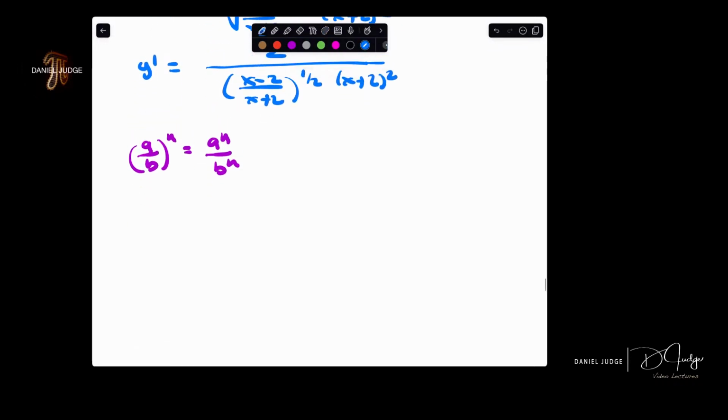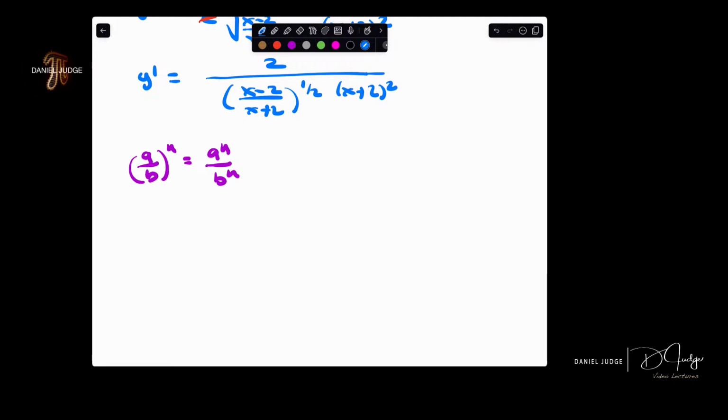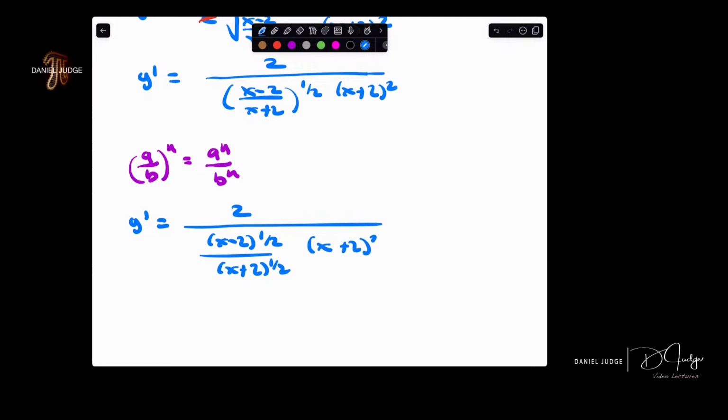Properties of exponents. This is 2 over (x minus 2)^(1/2) over (x plus 2)^(1/2), x plus 2 squared. And another property I want to remind you guys of, if you have a to the n over a to the m, you subtract your powers here.